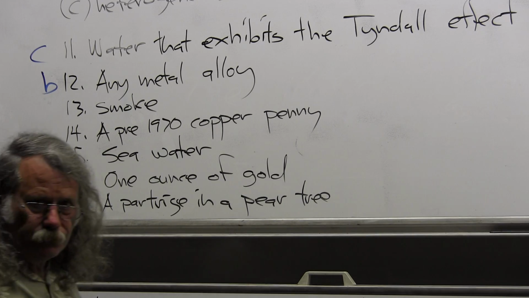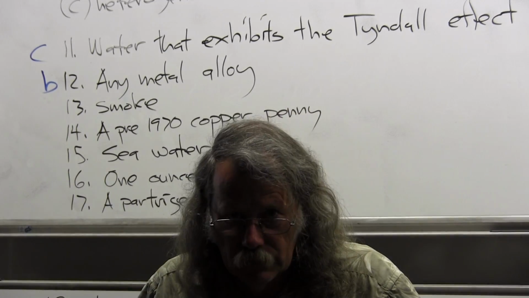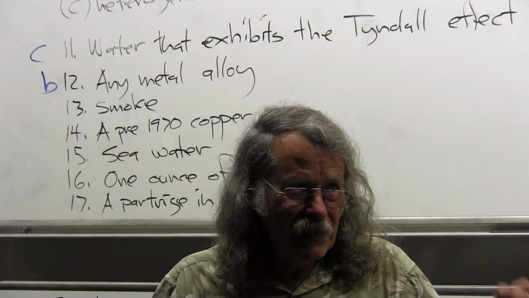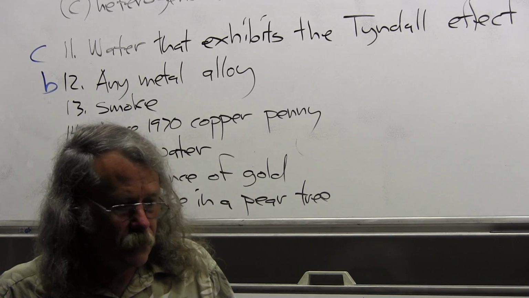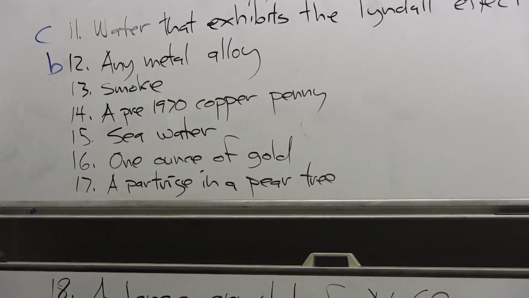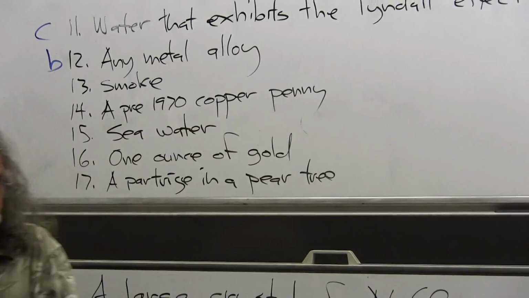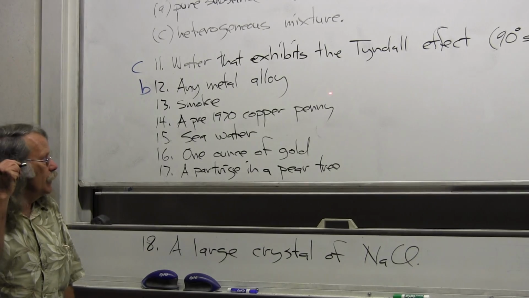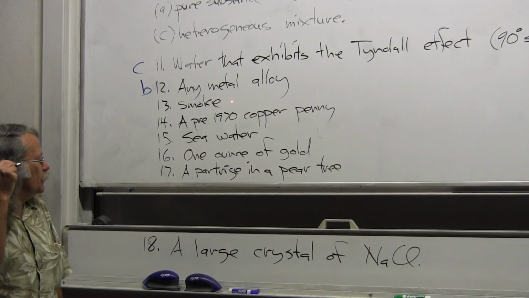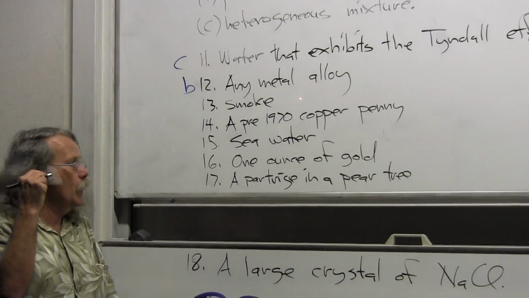Smoke. The aforementioned homogeneous mixture of air, when it contains smoke, if I were to shine my laser, which, let me get my laser. Here's my laser, okay? You cannot see the laser traveling through the air, okay?